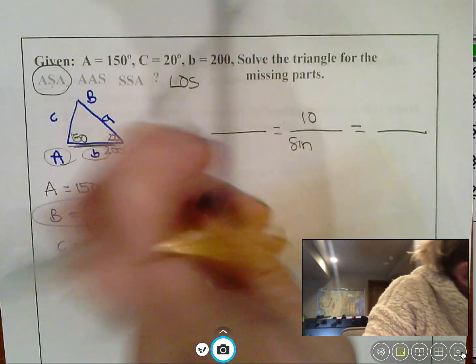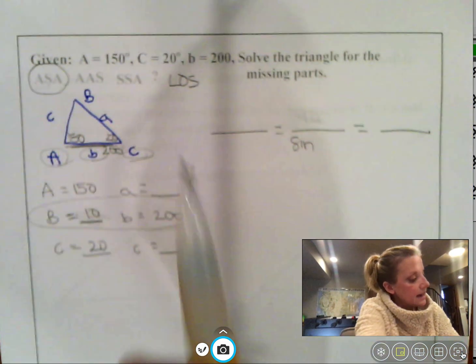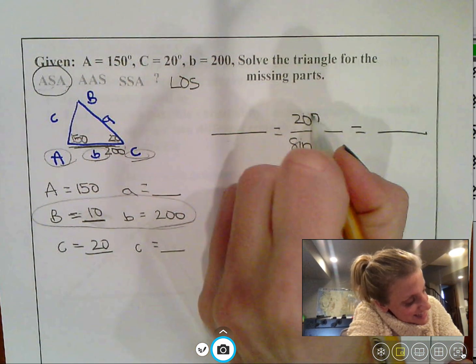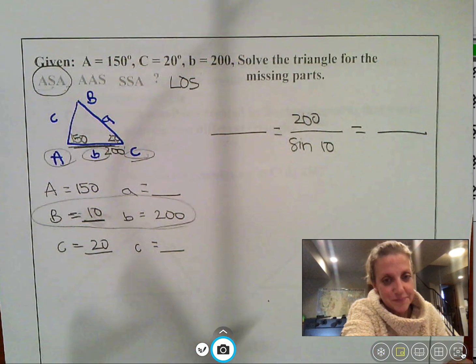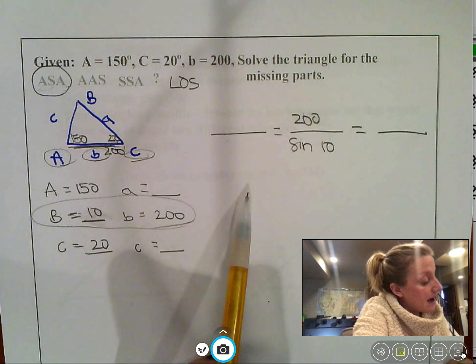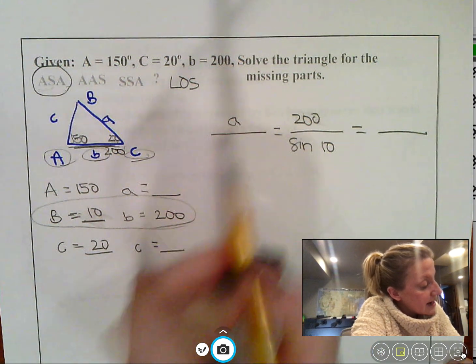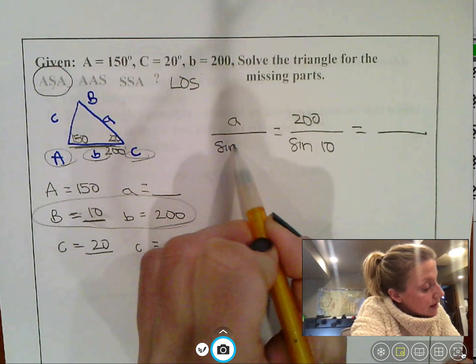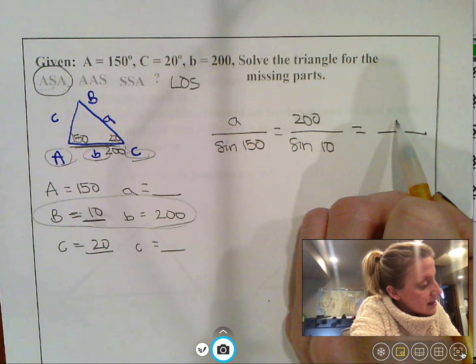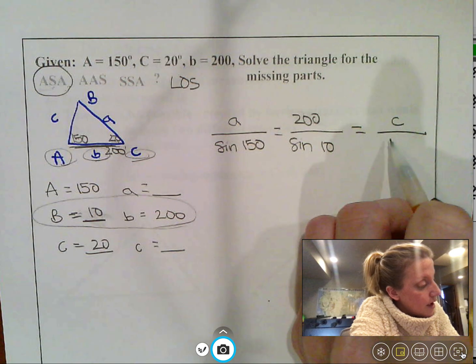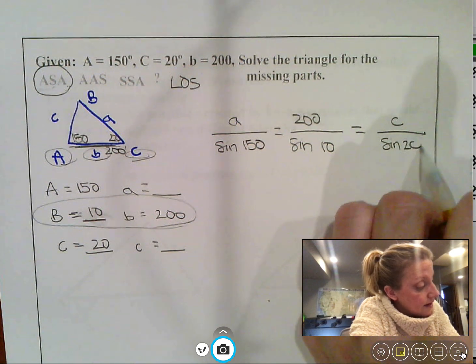Oops, I always get that wrong. The side length is 200, and then it's the sine of 10. All right, and then I'm going to put the A's on the left. So side length A, I don't know, sine of 150, and then side length C, I don't know, with the angle sine of 20.